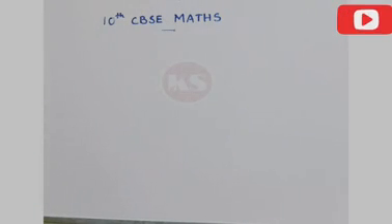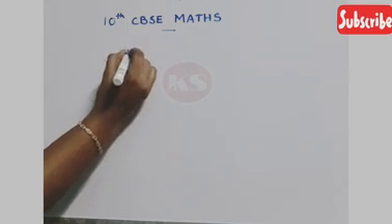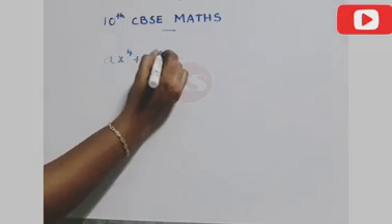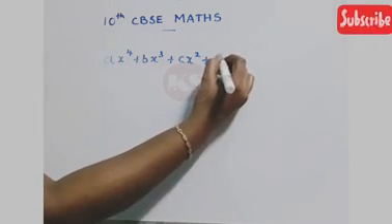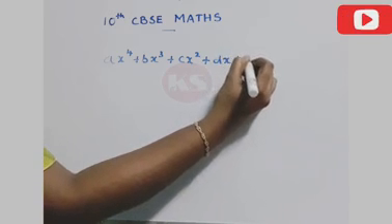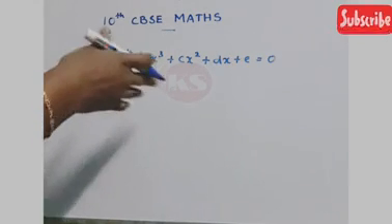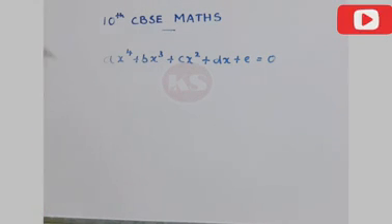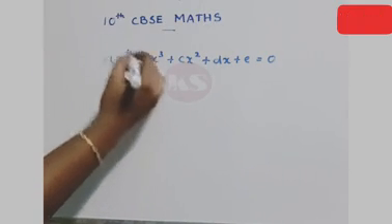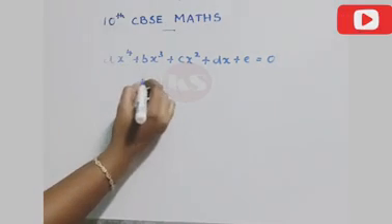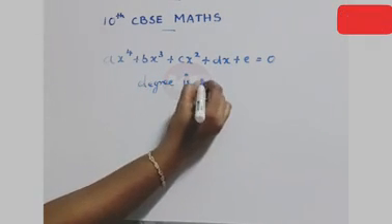Next, when the degree is 4, like ax power 4 plus bx cube plus cx squared plus dx plus e equal to 0. I'm just giving these equations as examples, so don't worry about what A, B, C, D are. In this, the highest power of x means the degree is 4, right?